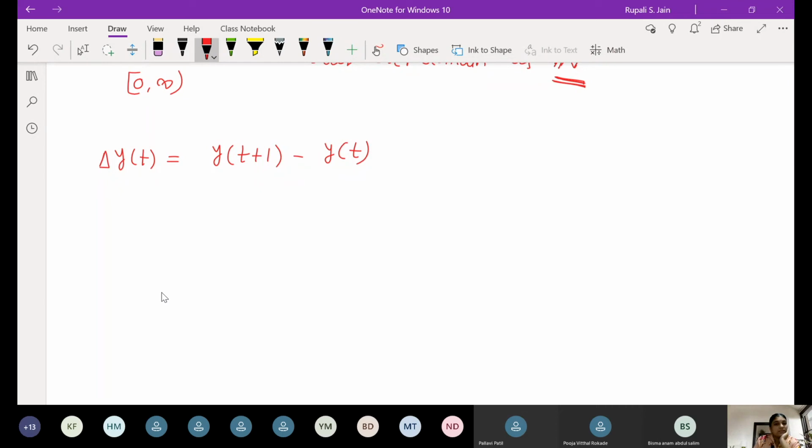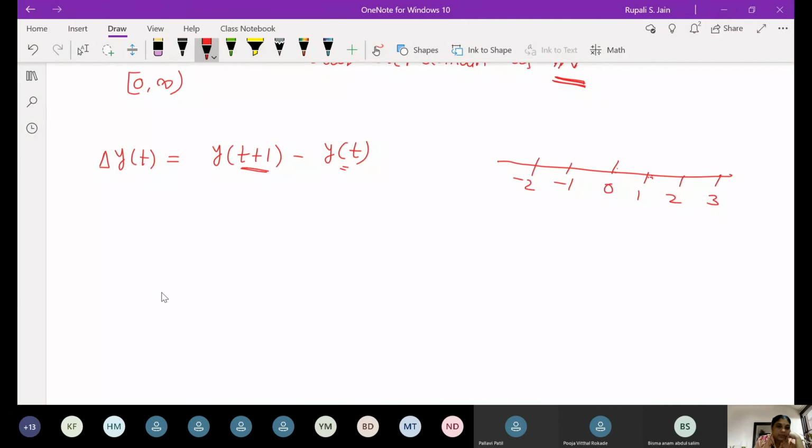Step size means 0, 1, 2, 3 and so on. Step size means the difference between the previous and next value. So what is the difference between next and previous? T plus 1 minus t. My next point is t plus 1, previous point is t. So here step size is 1.